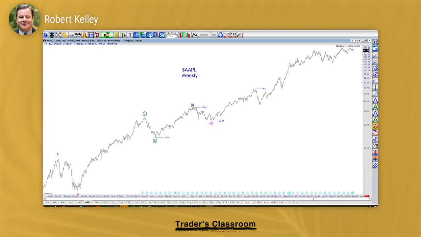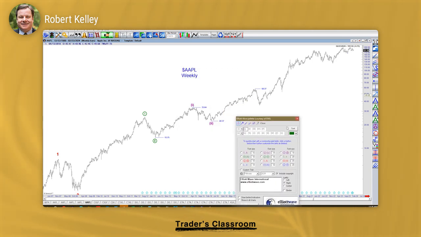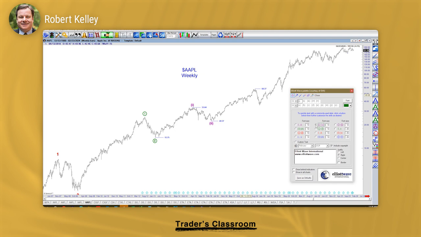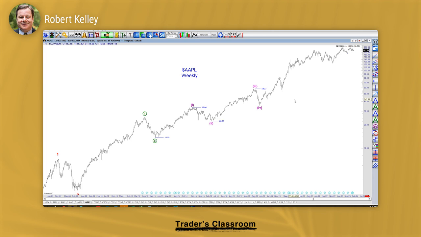Okay, so what we can do, we can, of course, know that it could be another 1-2, but I think the more conservative approach is to call it a 3, even though it's only slightly longer than wave 4. Why do I say conservative? Because the implication is for fewer number of 4-5s on the upside down the road.